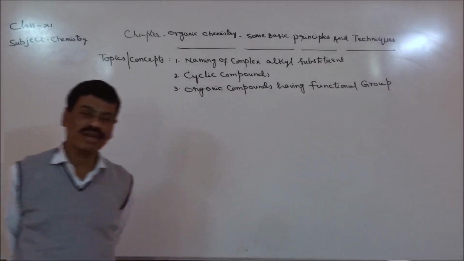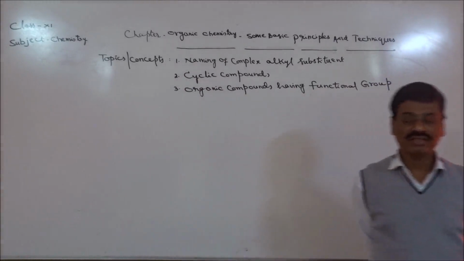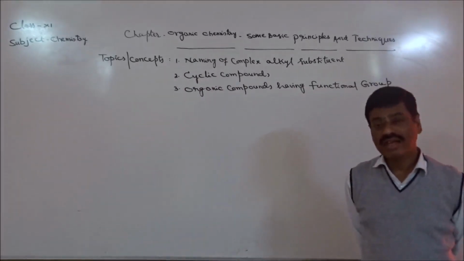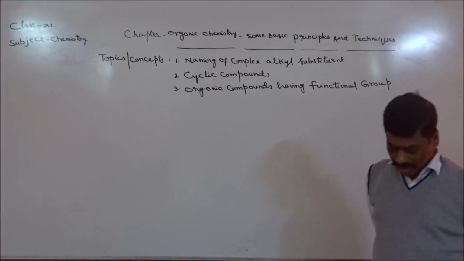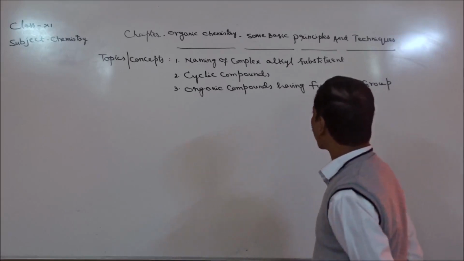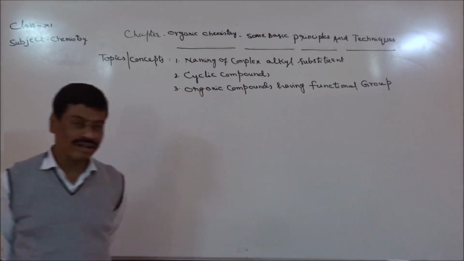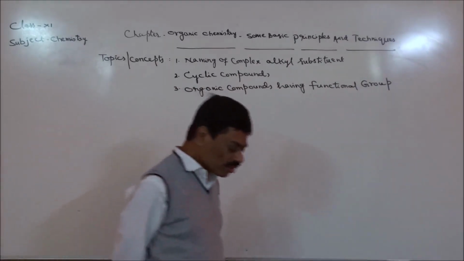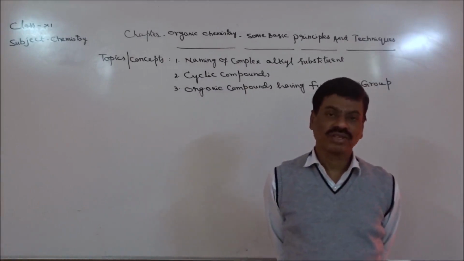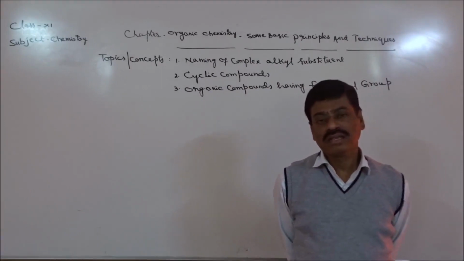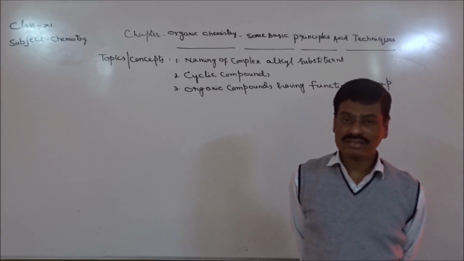Now let us see what is meant by complex alkyl group. Alkyl group is known to us: methyl, ethyl, propyl, butyl, hexyl, heptyl, and so on. These are alkyl groups. Now, complex alkyl substituents means when we take the long chain of hydrocarbon, to any carbon atom hydrogen atoms are connected, right?